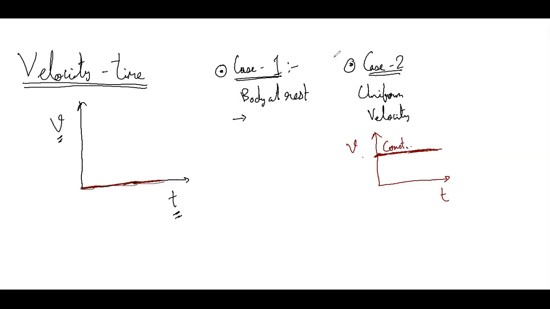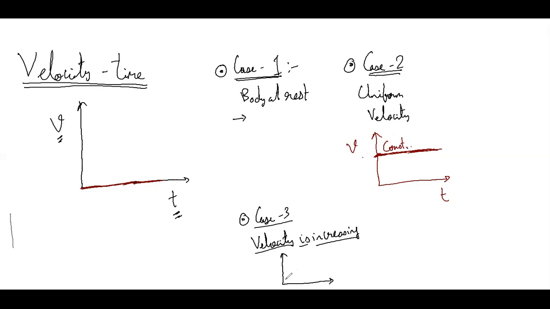Then I can take another case, case 3. Velocity is increasing uniformly. So how will this curve be?